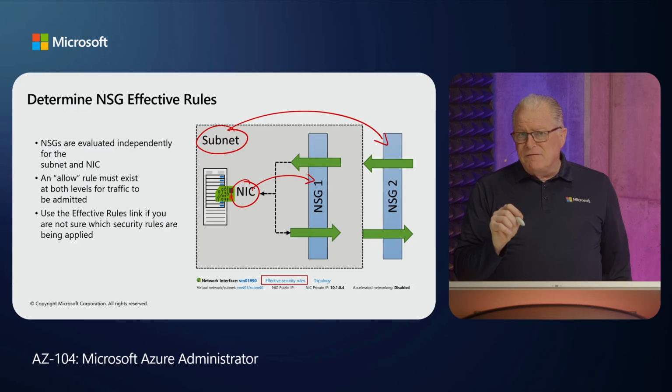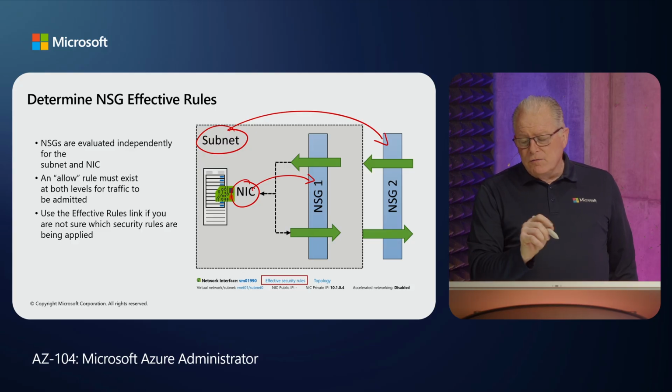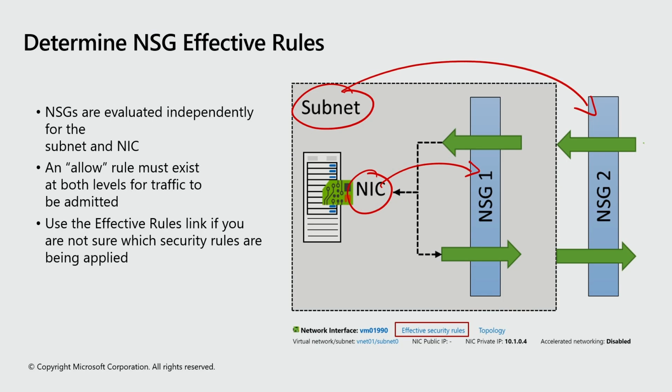You have to have an allow at all of the places to allow traffic to come in, to flow through the NSG, to hit the network card, and to flow back out. If you put a deny at any one of those 4 locations, if I put a block here, an NSG to stop at the network card, it would flow in and be stopped at that point.